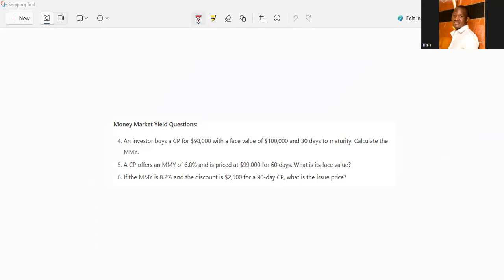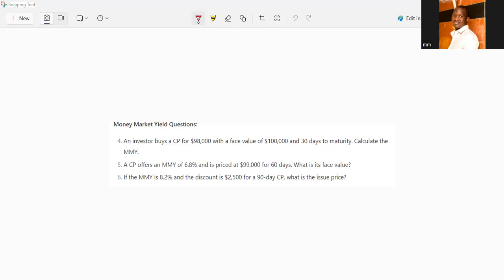When you're talking about the money market yield, we are looking at the annualized yield on short-term money market instruments like the commercial paper or the treasury bill. It reflects the actual return on the amount the investor invested, the price, rather than on the face value. It is expressed on a 360-day basis.